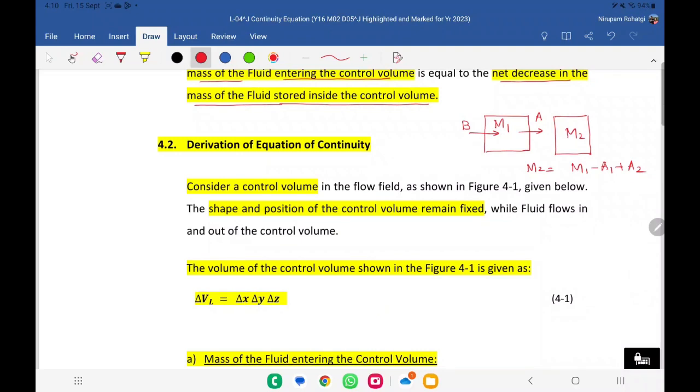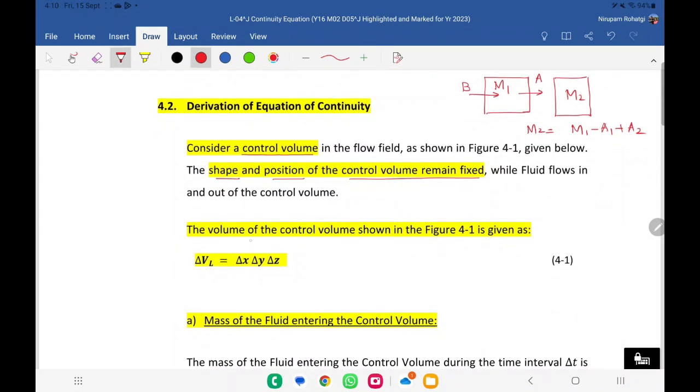First, we will consider a control volume. We can have either a control volume or a control mass, but we are starting with the control volume. In a control volume, the shape and position remain fixed, and fluid flows in and out of it.